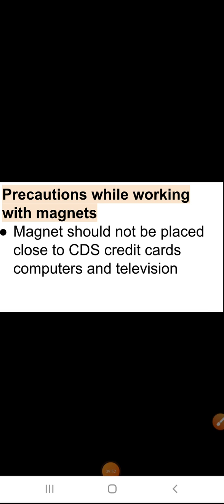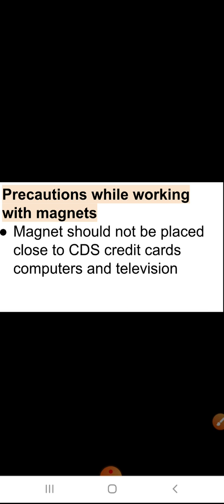Now, precautions while working with magnets: we cannot use anything freely or without precautions. Some precautions should be kept while handling things. While working with magnets, you have to keep some points in mind. First of all, magnets should not be kept close to CDs, credit cards, computers, televisions or refrigerators.